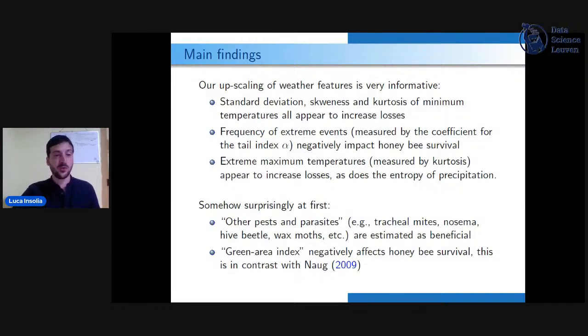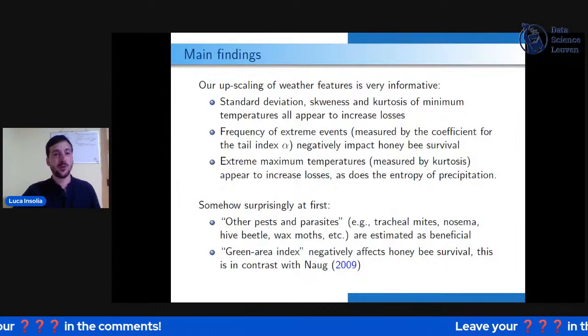And this was for minimum temperatures, and also the kurtosis of maximum temperatures was selected. So the more extreme maximum temperatures you have, the worse it is for honeybees.